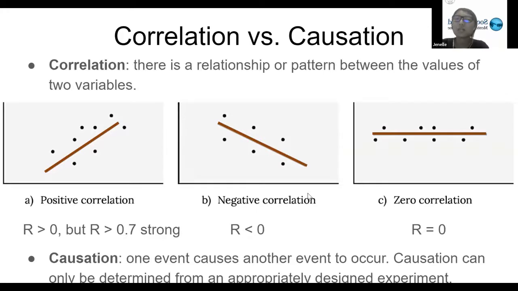For correlation, that's with the observational studies we were talking about, where maybe you could see that a sedentary lifestyle is associated with more obesity, but without controlling for all of the different factors of this patient population, you would only be observing this association between the two variables.